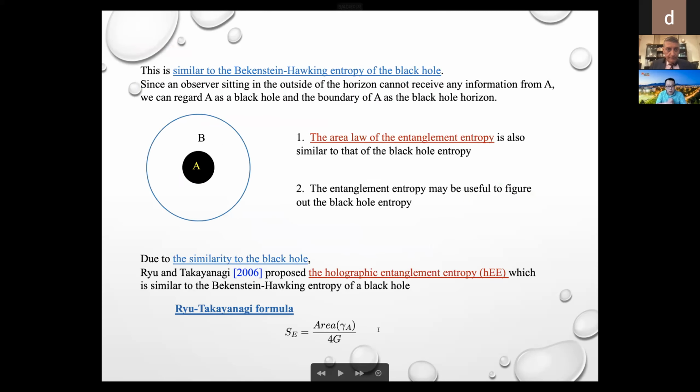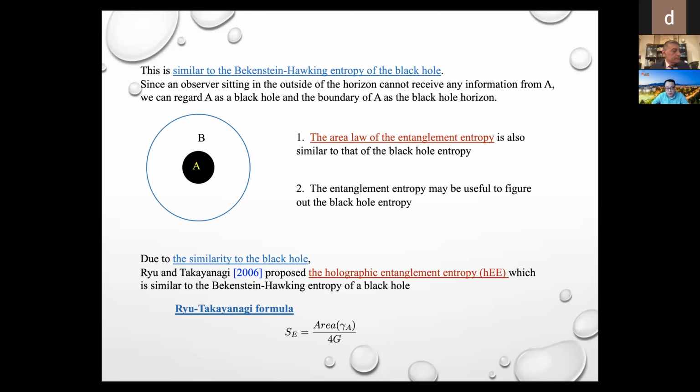This definition of the entanglement entropy is very similar to black hole entropy, usually called the thermodynamic entropy, right? The similarity between the two entropies comes from a very similar feature.